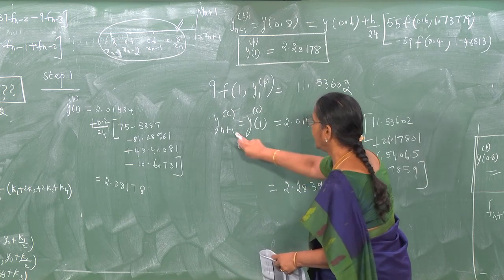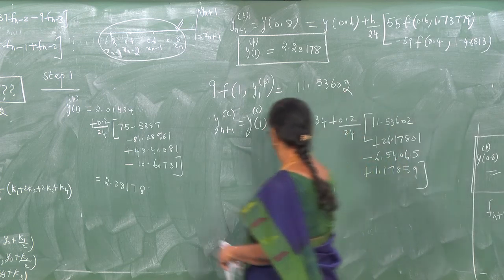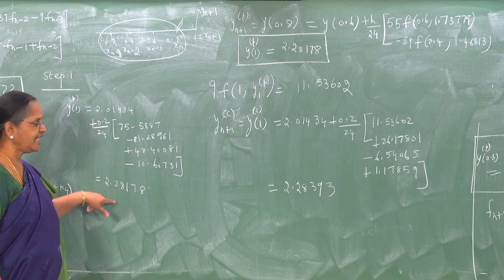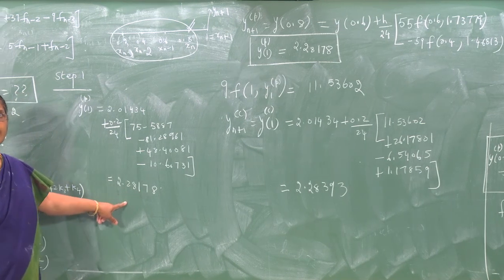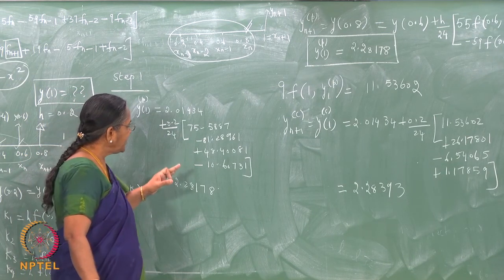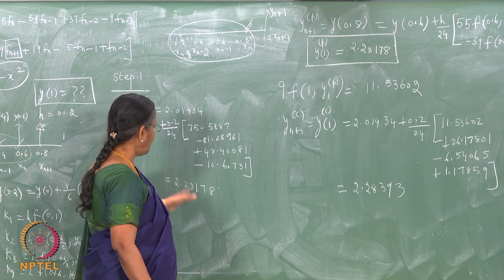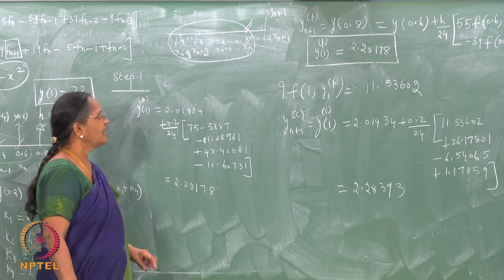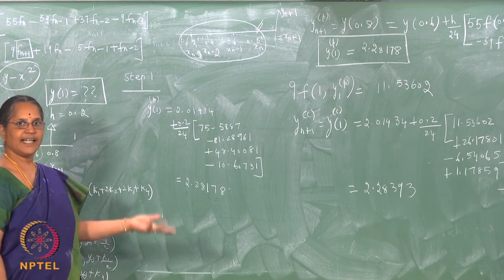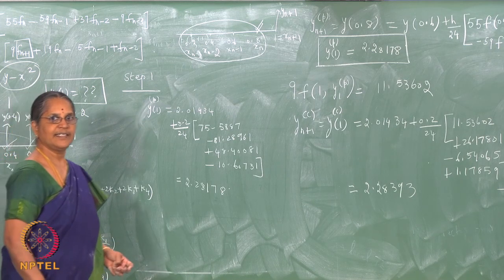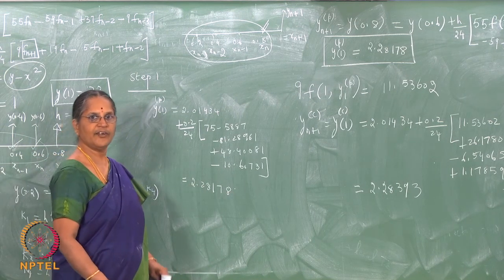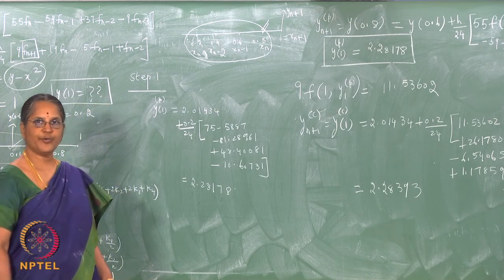So, this is the corrected value at 1, and the predicted value at 1 is 2.28178, and we observe that if we demand 2 decimal place accuracy, then the difference between the corrected value and the predicted value is less than the prescribed tolerance, and so we have been able to obtain the solution correct to the desired degree of accuracy, namely 2.28.